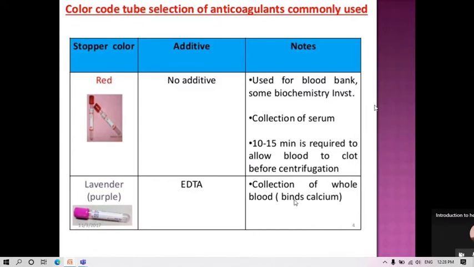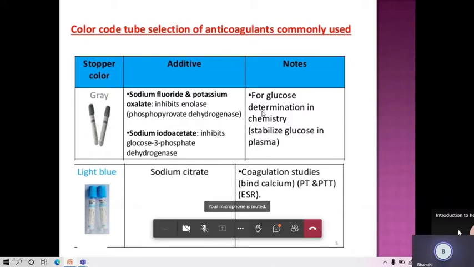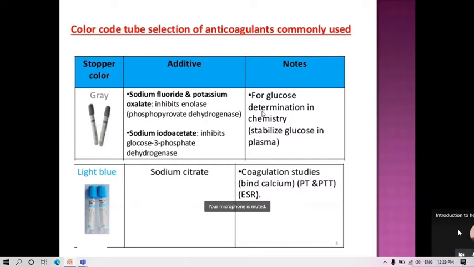Then the third one is the grey cap tube, for glucose estimation, and in this we have sodium fluoride which will inhibit the enolase, and they also have potassium oxalate as anticoagulant. Then the fourth one is the light blue cap tube which contains sodium citrate. So it is mainly for the coagulation study.